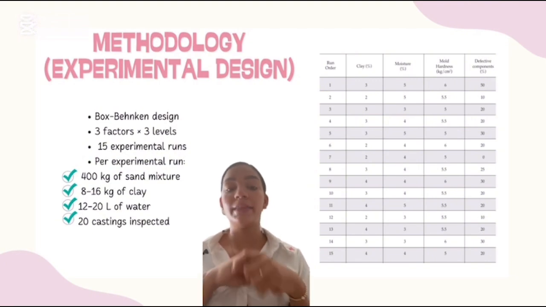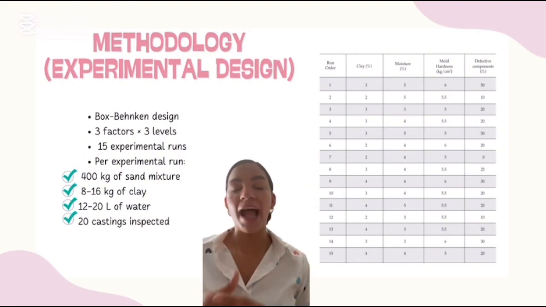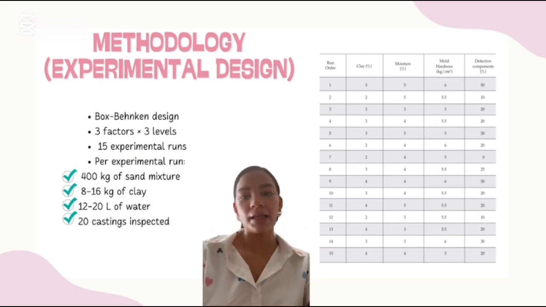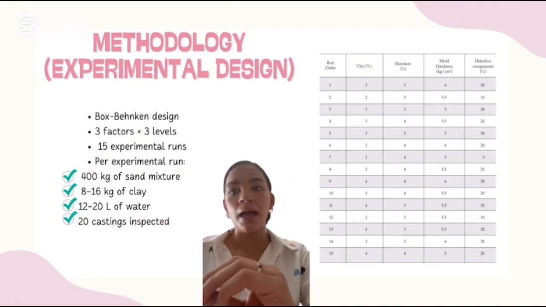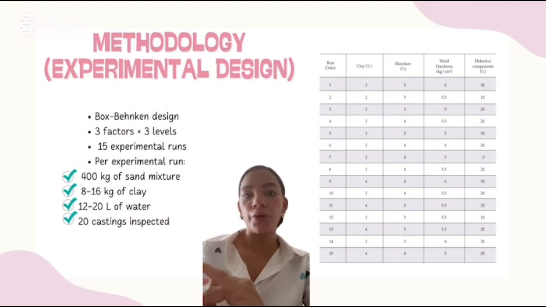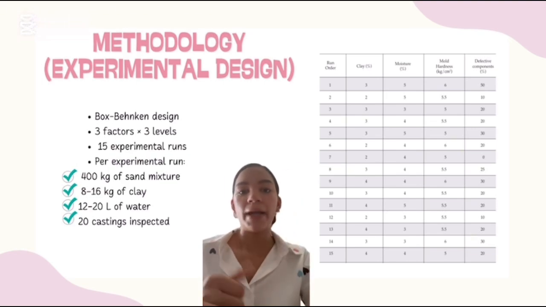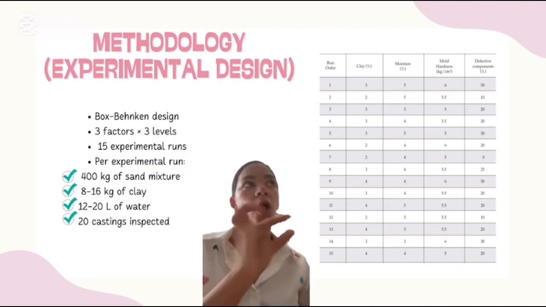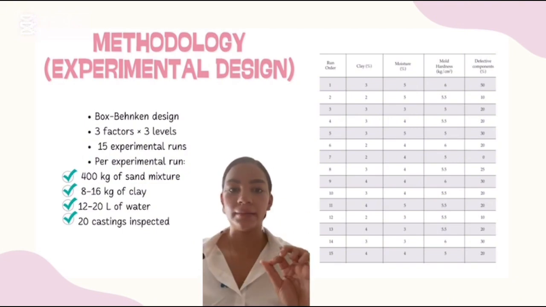The factors selected for analysis were the same ones identified earlier as the main contributors to the defects: clay percentage, moisture, and hardness. So these three parameters were evaluated systematically using a structured statistical design.